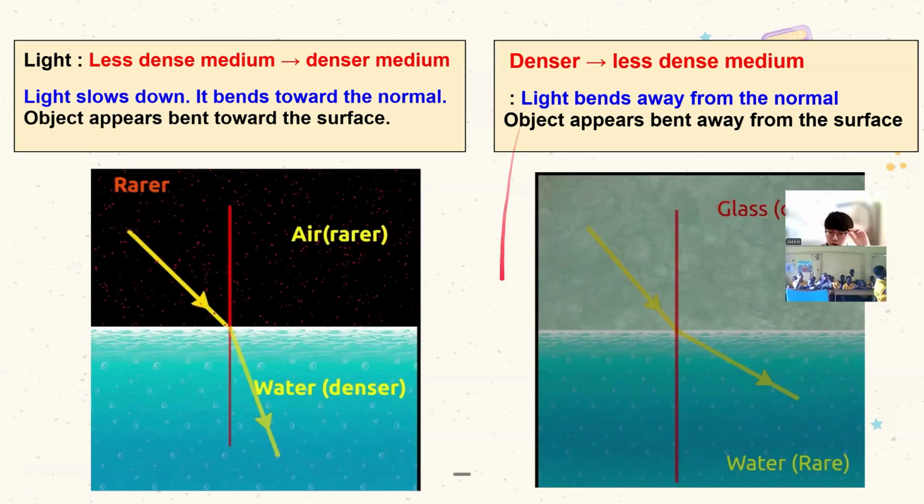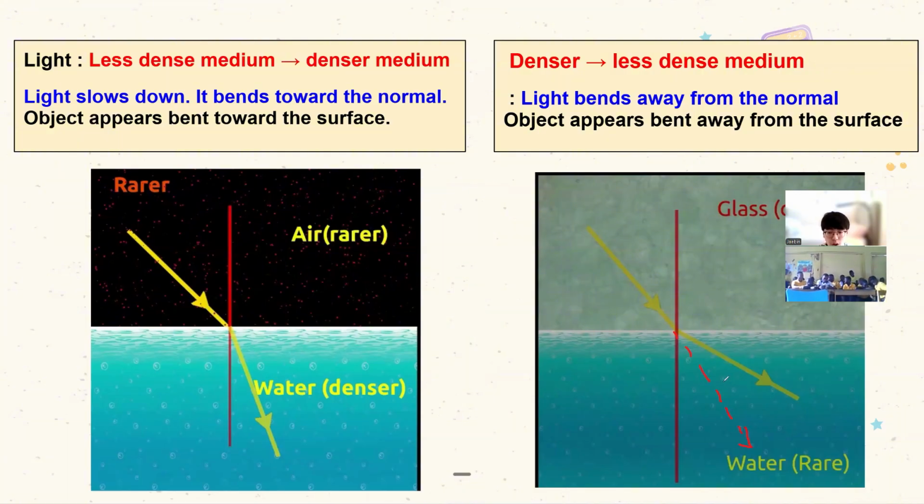And over here on the right, this is a case where light travels from a dense medium to a less dense medium. In this case, light bends away from the normal. The light is supposed to go this way, right?